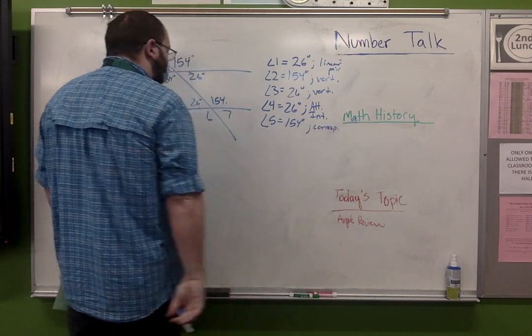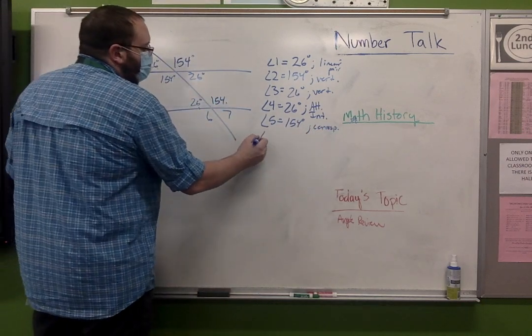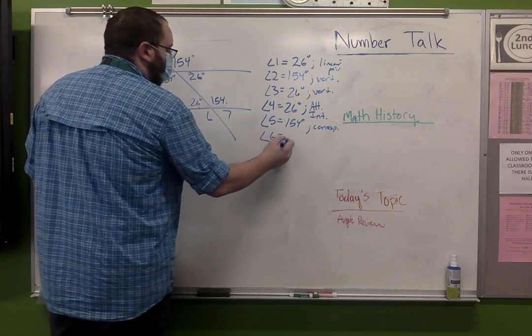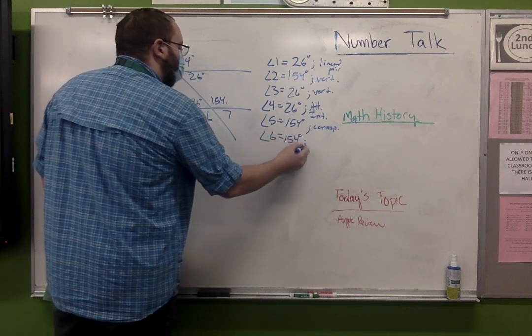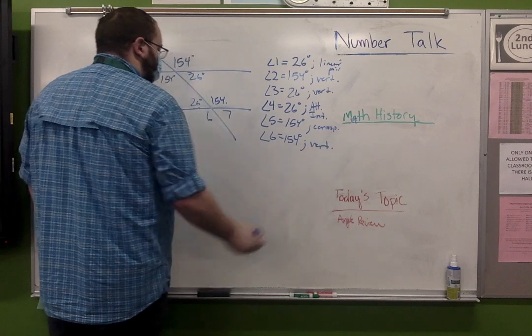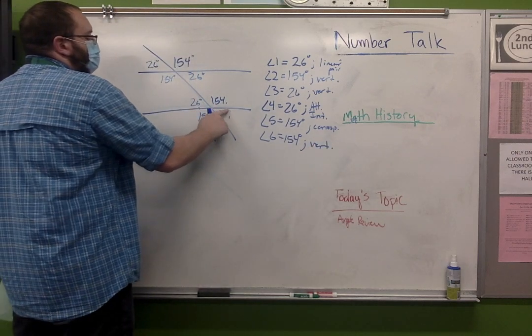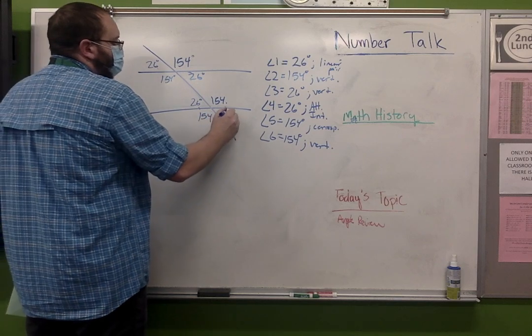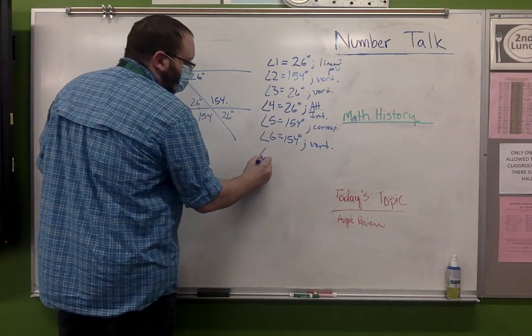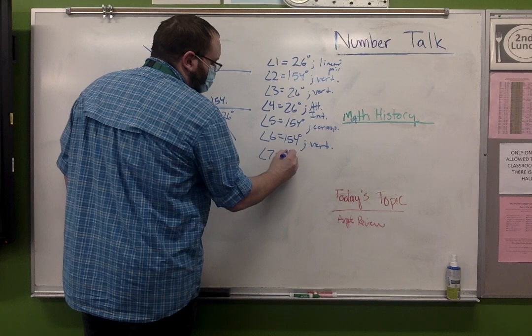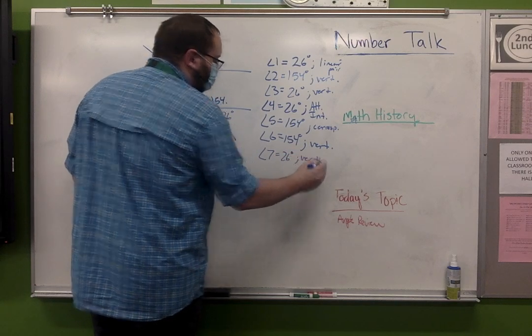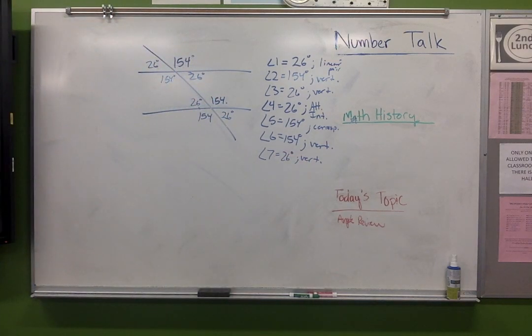Corresponding. Angle 6, 154, because of vertical angles. Angle 7, 26, because of vertical angles. Okay.